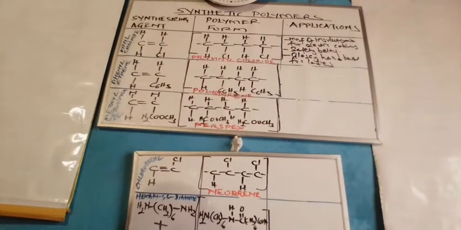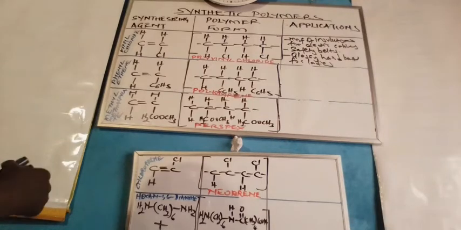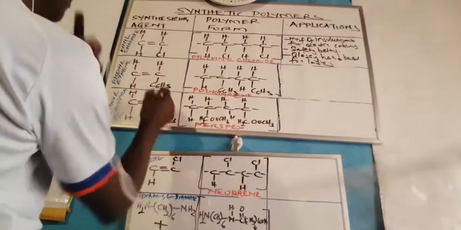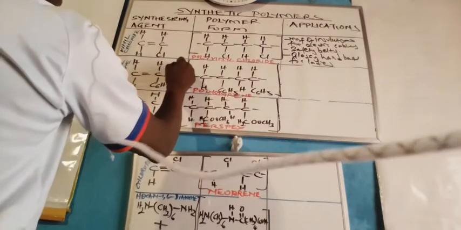Number two, we have what is known as phenylethene. Phenylethene has a common name known as styrene. Now, styrene combined with styrene to form polystyrene, which is a form of synthetic rubber.